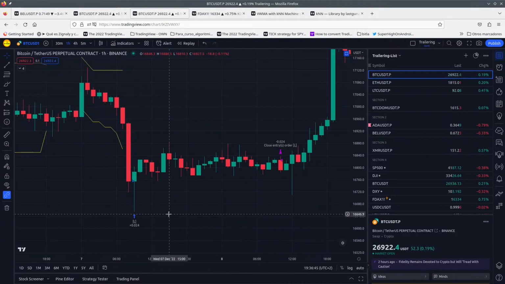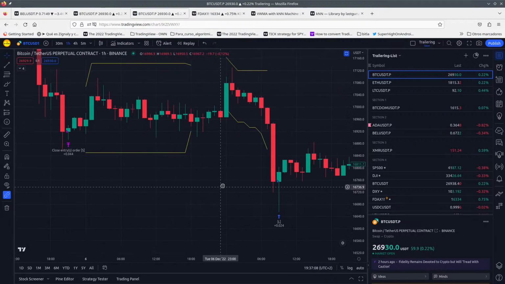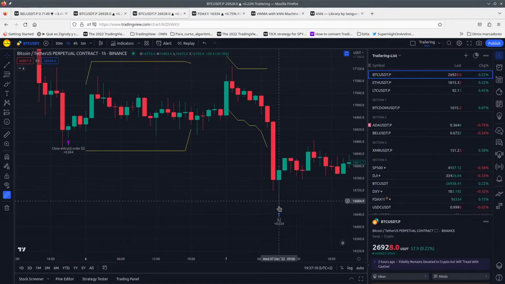Here we have the same thing: once we have seen that this is lower than this one, we close it here and we win very little, because apparently the lowest one is this one here.